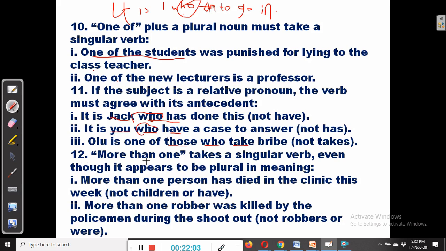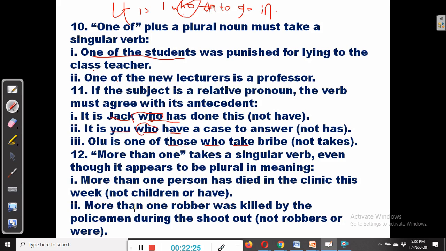Rule number 12. "More than one" takes a singular verb even though it appears to be plural in meaning. Example: more than one person has died in the clinic this week. More than one person has died.